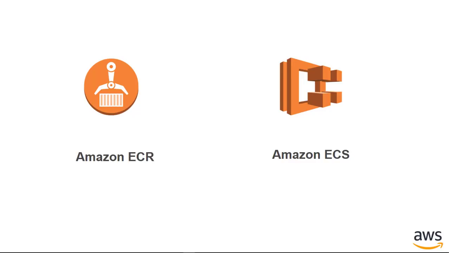You can easily define the identities for ECR. Elastic Container Service is the container orchestration engine. ECS knows how to place your containers on available hardware resources and orchestrate your containers based on different parameters.